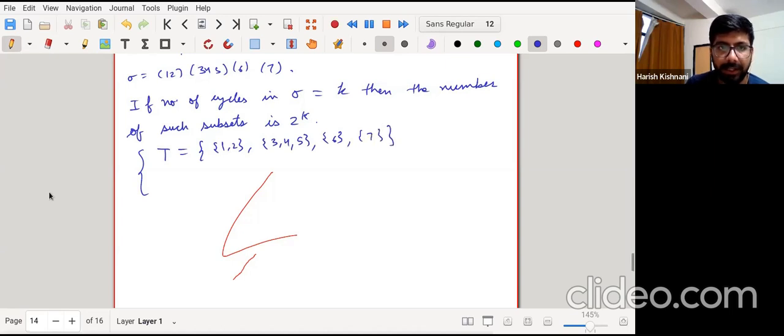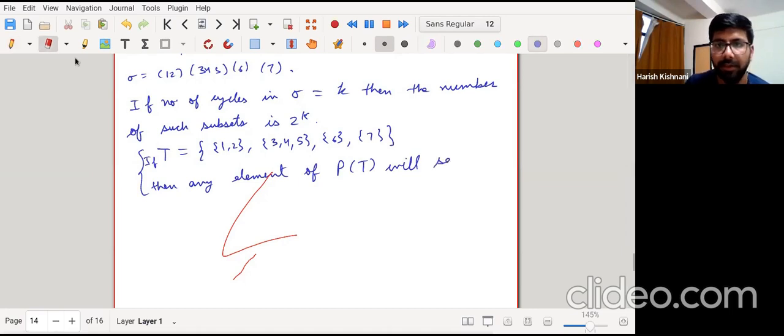So if this is the set T, then any element of the power set of T will be fixed by sigma.